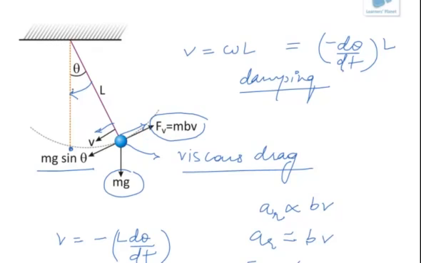So this restoring torque tau can be written as I into alpha, where alpha is d square theta by dt square and I is the moment of inertia, which in this case is ml square, m being the mass of the bob and L the length of the suspended string.